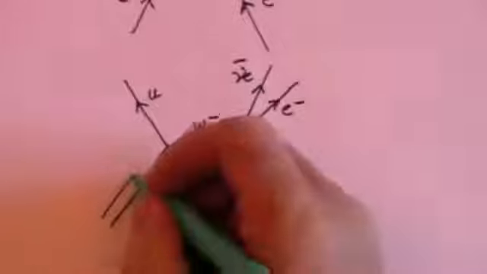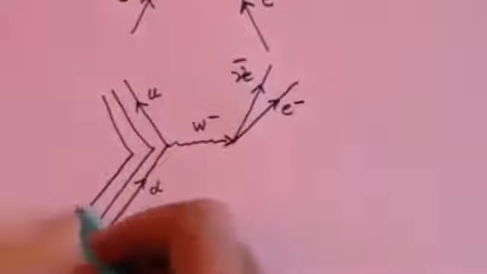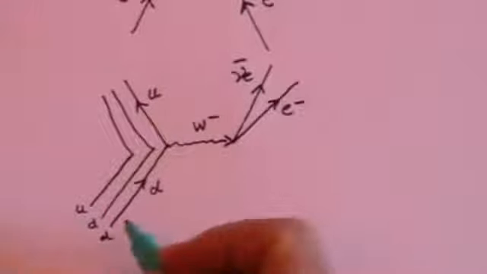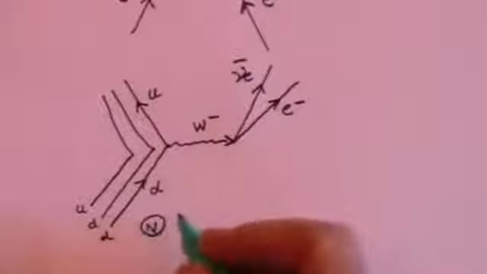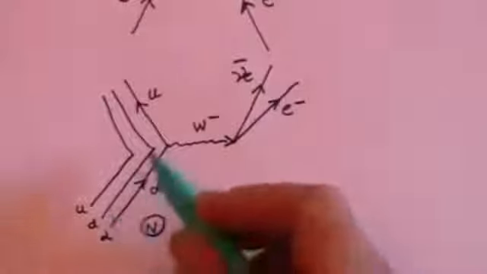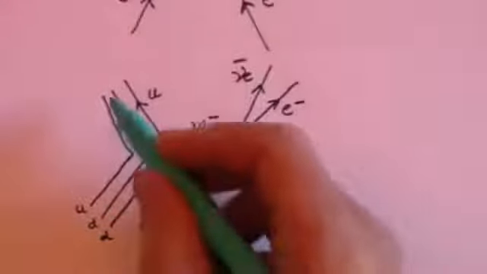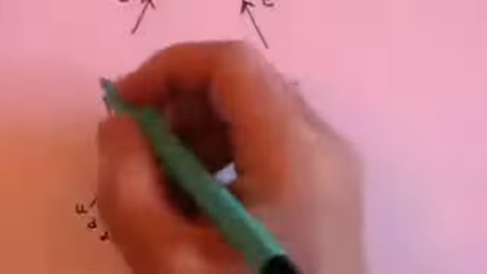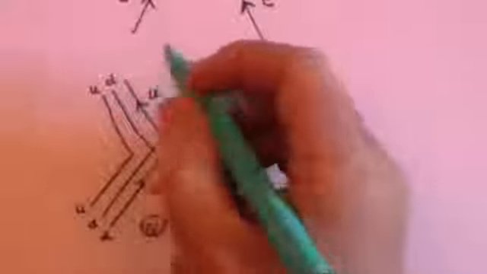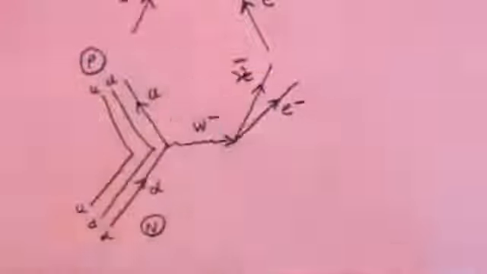This will typically be a neutron, which consists of three quarks: an up, down, down, because a neutron has two downs and one up. Two of the quarks don't change, they stay as they are. But one of the down quarks changes into an up quark. So now you have up, down, up, and that of course is a proton.